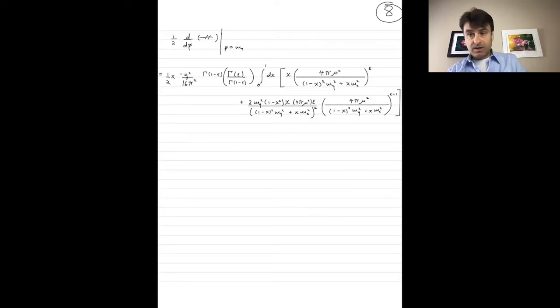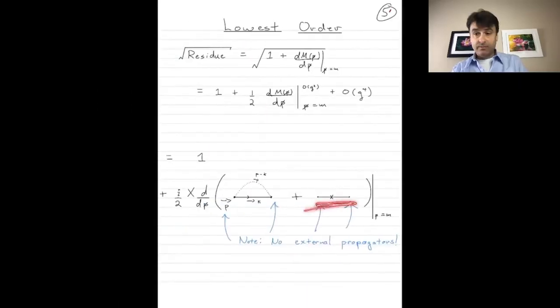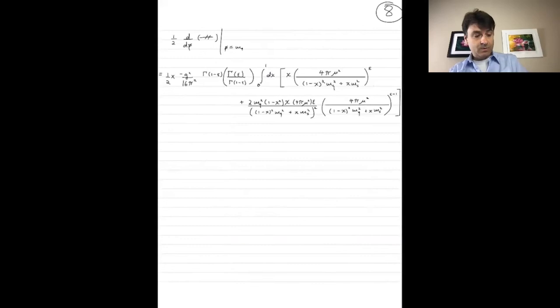Now at the end of the day, I need to expand in small epsilon. I've got a gamma of epsilon, so that's going to give me the 1 over epsilon pole that corresponds to an ultraviolet divergence. But I know what I need to do. I need to subtract the counterterm. I need to deal with this graph. So that's just going to be basically the S sub epsilon over epsilon that I need to subtract in order to get a finite answer.